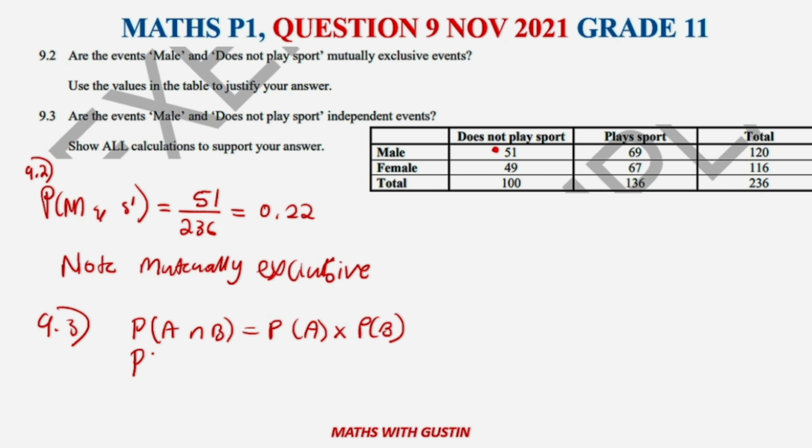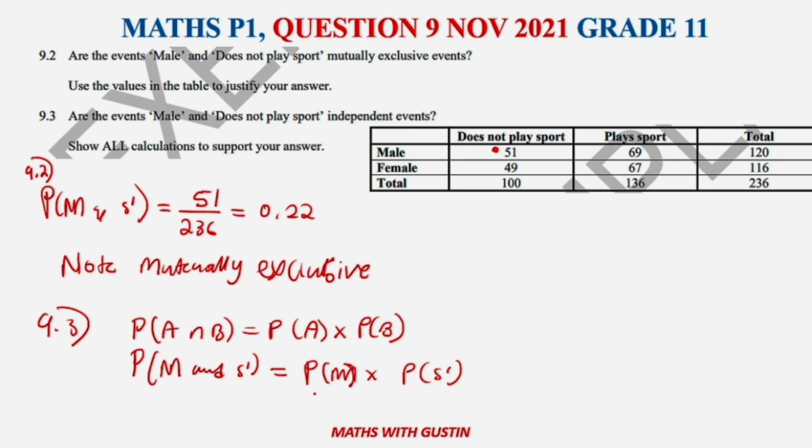So now let's say it's going to be the probability of male and does not play sport. Let's find out here the probability of male, and the probability of not playing sports.